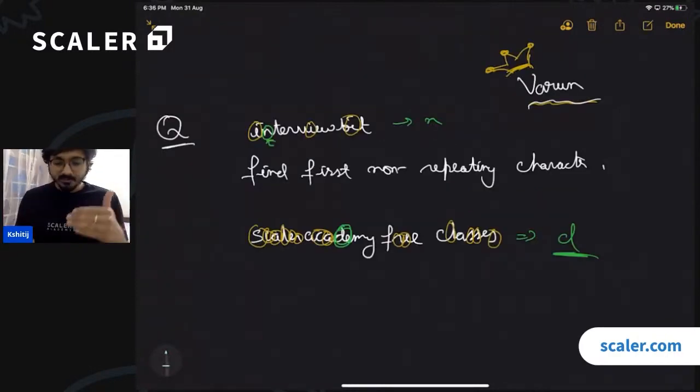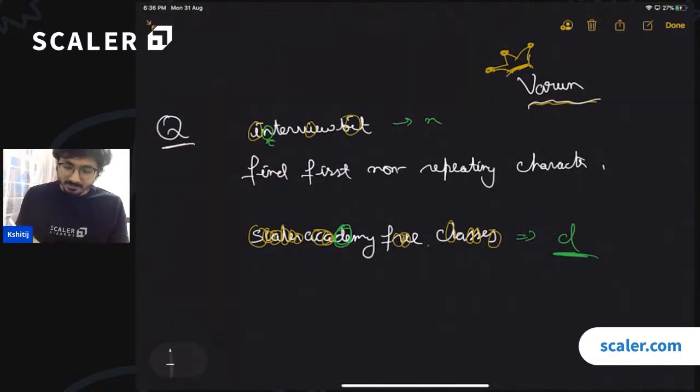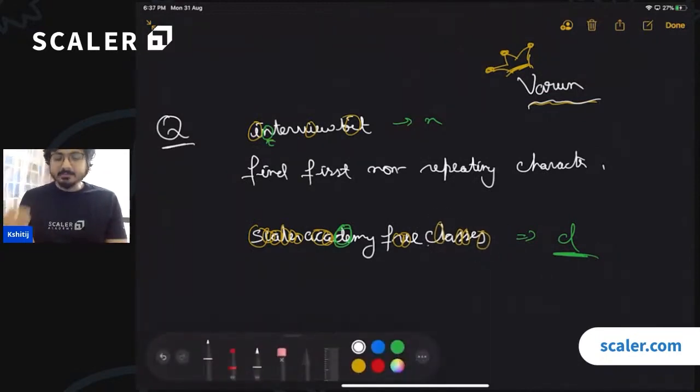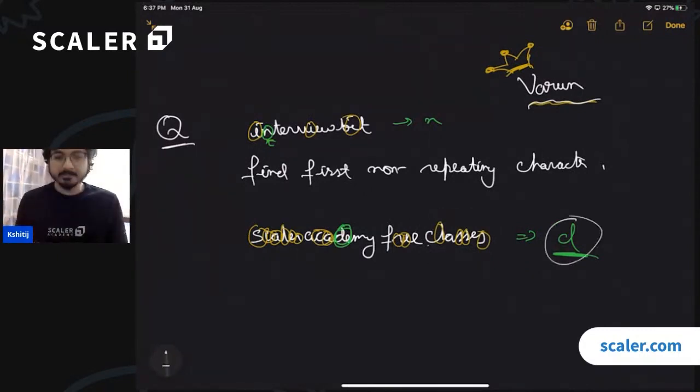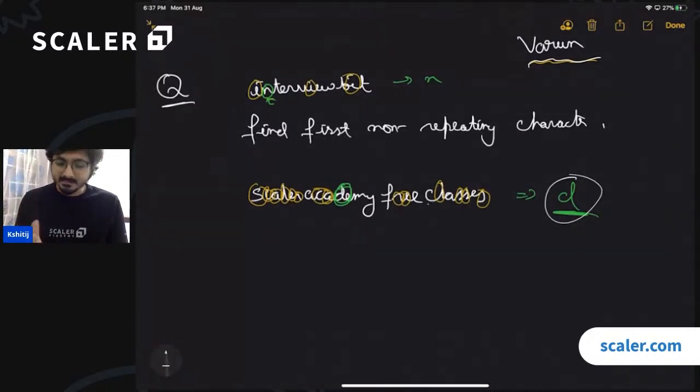So we'll quickly discuss the solution. You can assume that there is no white space in this string. So what is the minimum information that we need to return this answer? I will just write what is the info needed.